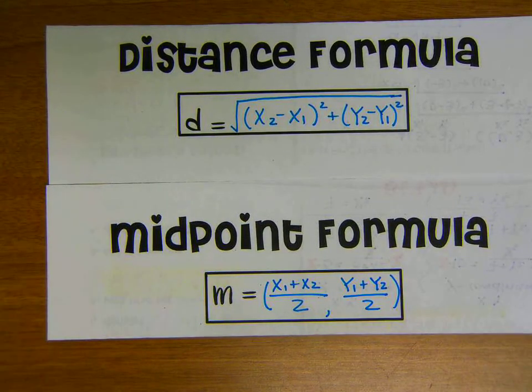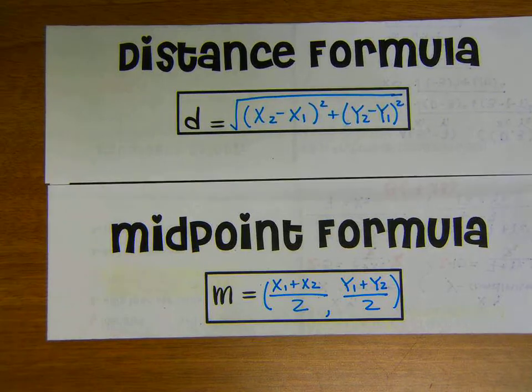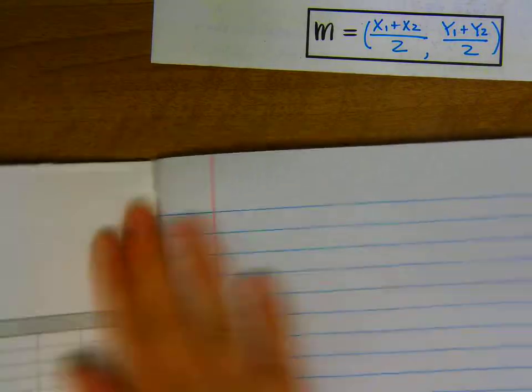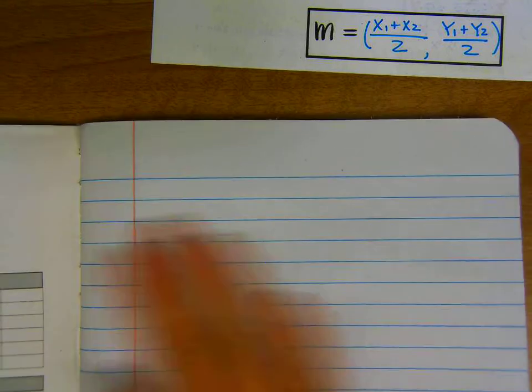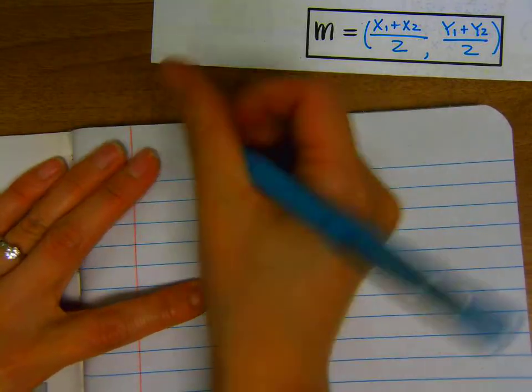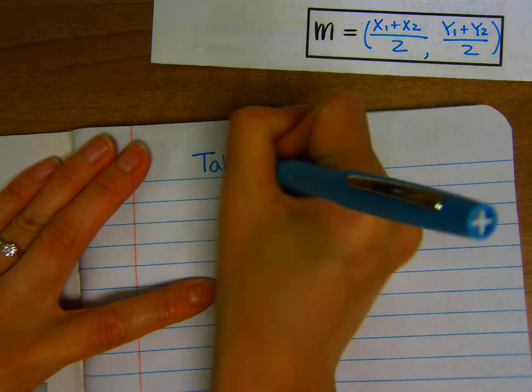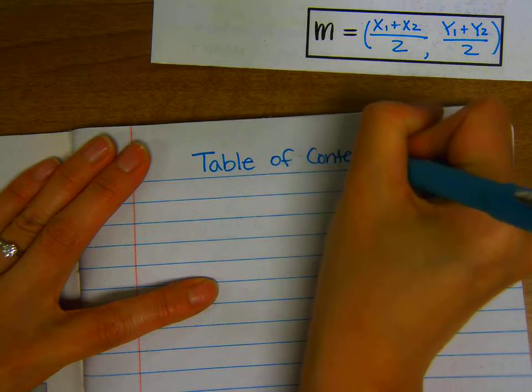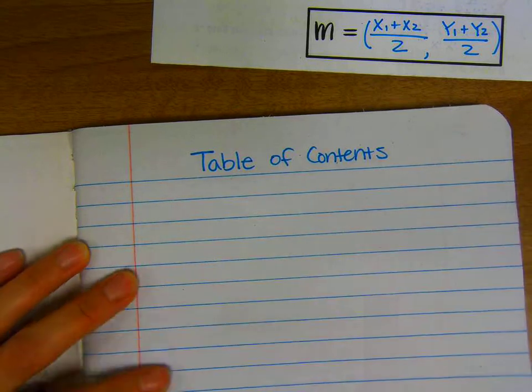Now I want you to take out your composition book. Look at the very front page, where we're going to make a table of contents. I want you to make a title, Table of Contents.